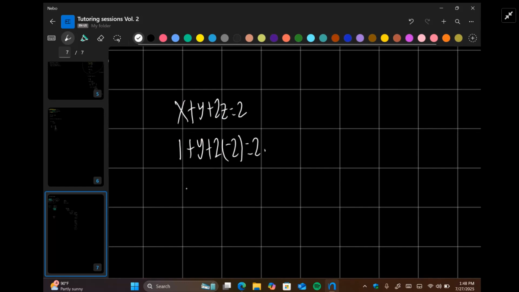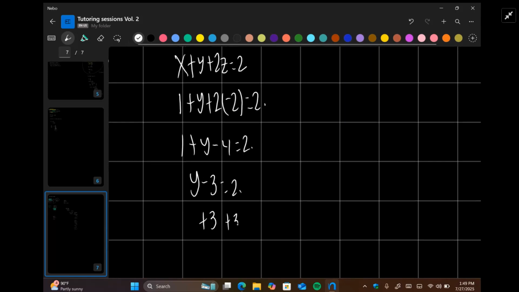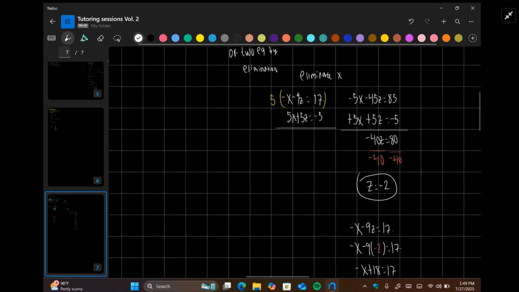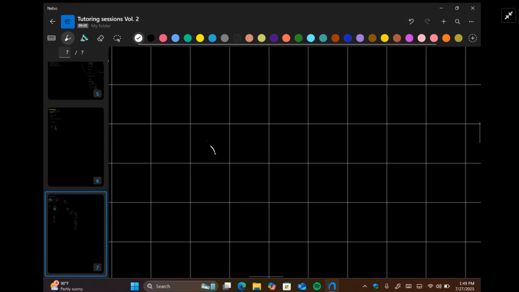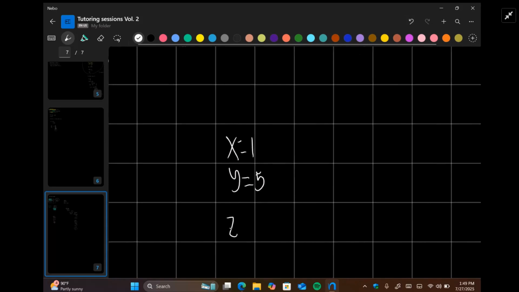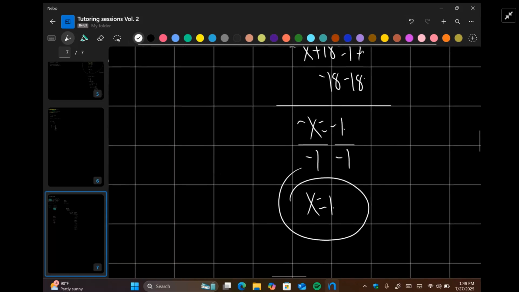Then we have 1 plus y minus 4 equals 2. 1 minus 4 is negative 3, so y minus 3 equals 2. Add 3 to both sides, and y equals 5. So our answers are x equals 1, y equals 5, and z equals negative 2.